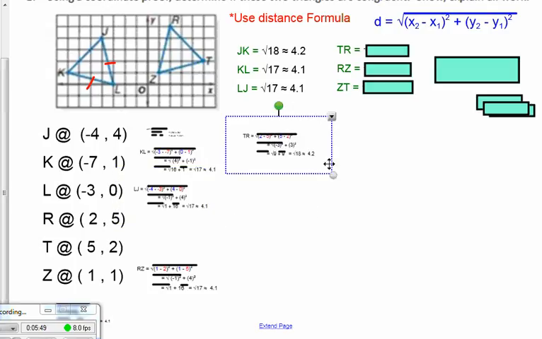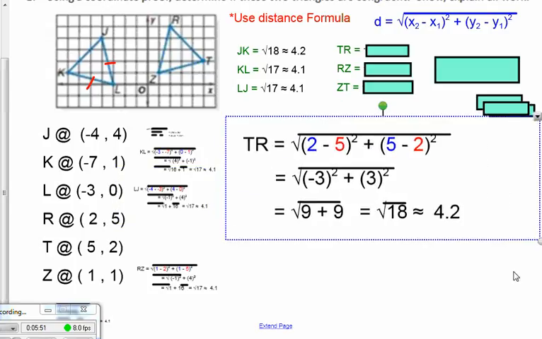Let's look at our other triangle then. If we look at T to R, so going here to here, again, just plugging everything into our distance formula, 2 and 5 that we got from R, 5 and 2 that we got from T. 2 minus 5 is -3, 5 minus 2 is 3.